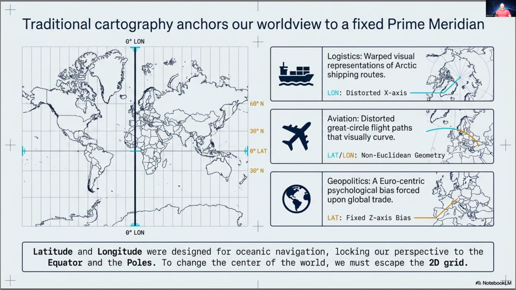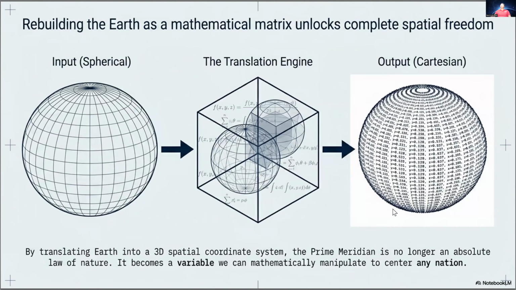And yes, let's go back to the point. Latitude and longitude were designed for oceanic navigation, locking our view back to the equator and the poles. To change the center of the world, we must escape the 2D way. Rebuilding the Earth as a mathematical matrix unlocks complete spatial freedom.